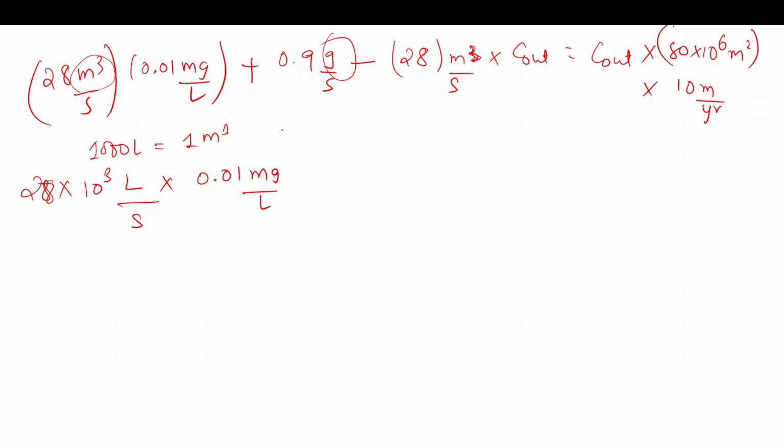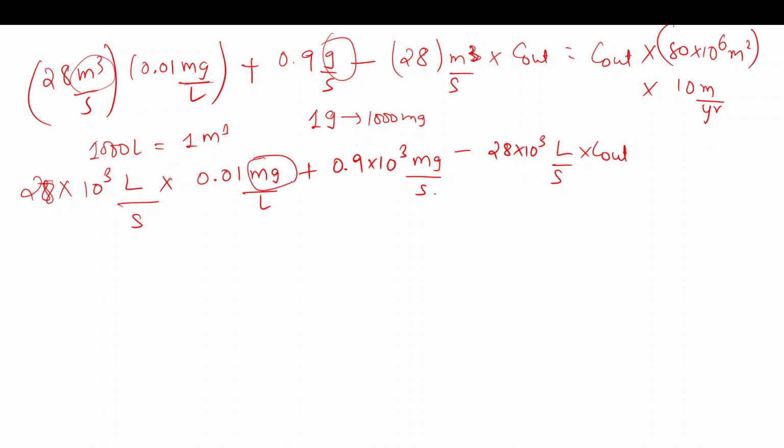Now here it is in gram and here it is in milligram, so let's convert this to milligram. 0.9 into 10 to the power 3, because 1 gram is 1000 milligrams, so 10 to the power 3 milligram per second, minus 28 into 10 to the power 3 liter per second, into C out. We need C out in milligrams per liter, so it is advisable to keep mass in milligrams and volume in liters.